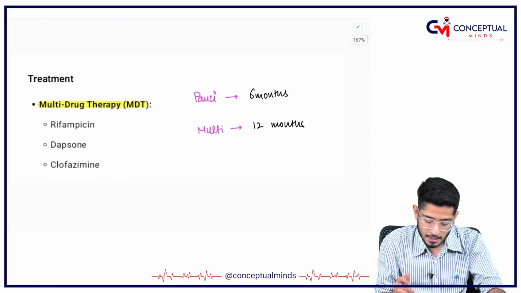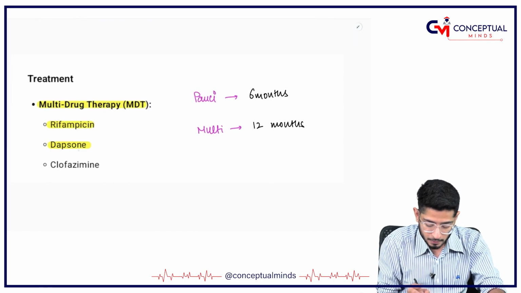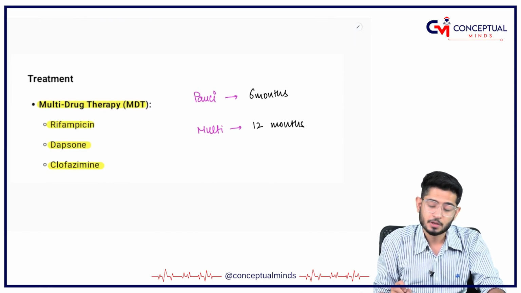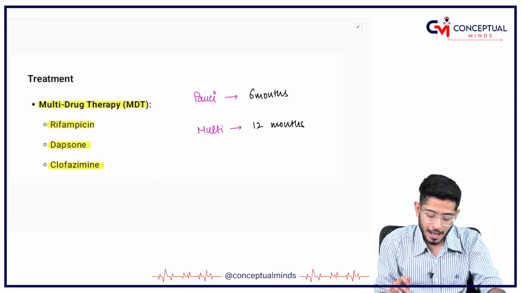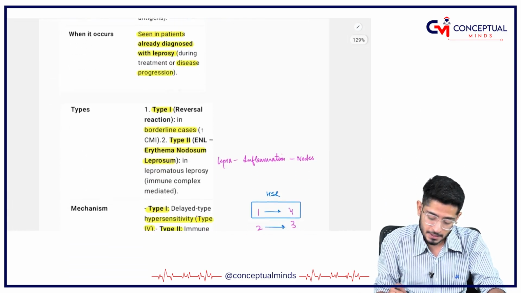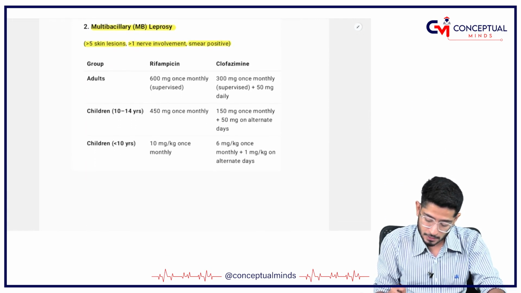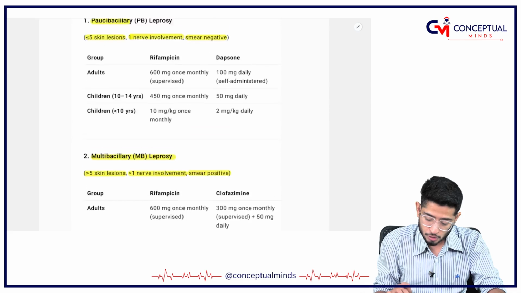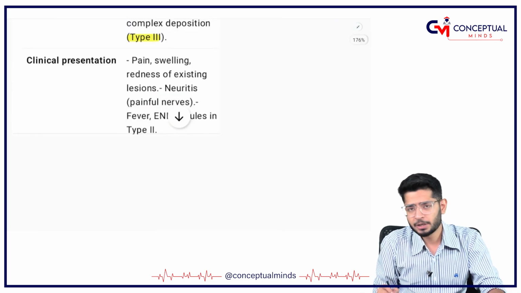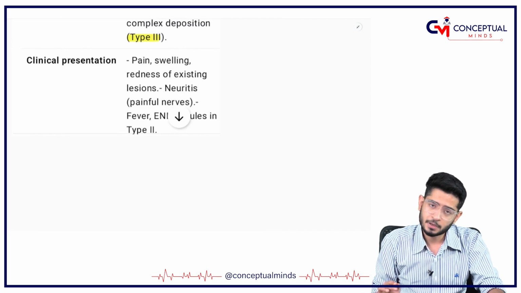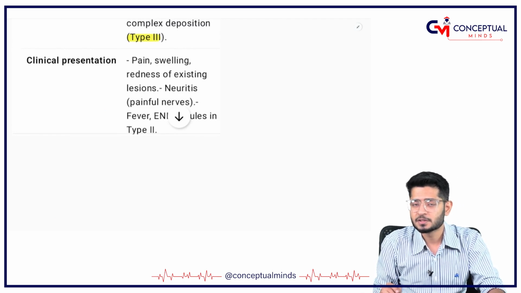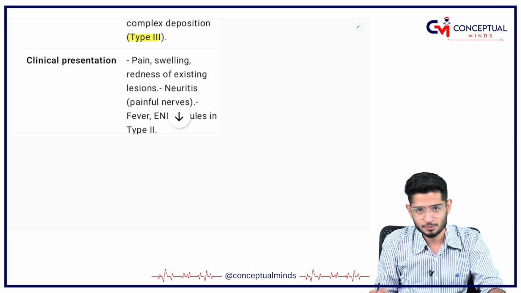Rifampicin, dapsone and clofazimine. Although the treatment of leprosy is very important, I am not going to discuss it, because the pharmacology faculty is going to deal with the treatment with rifampicin, dapsone and clofazimine in context to leprosy.